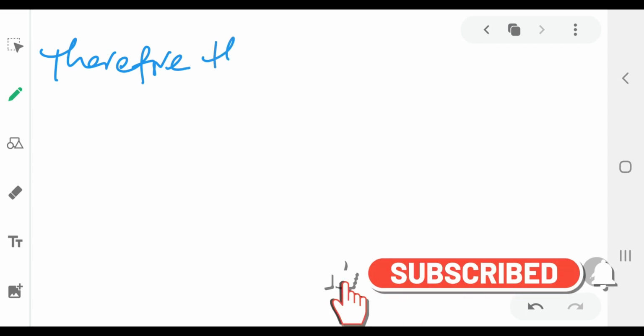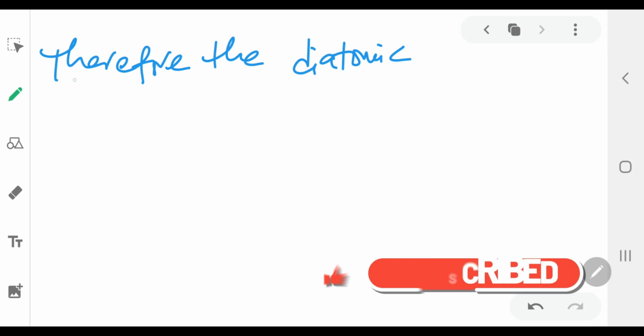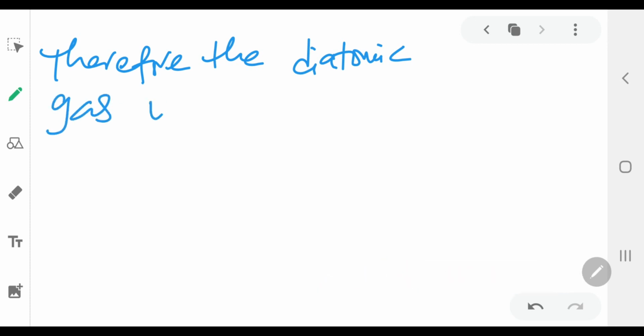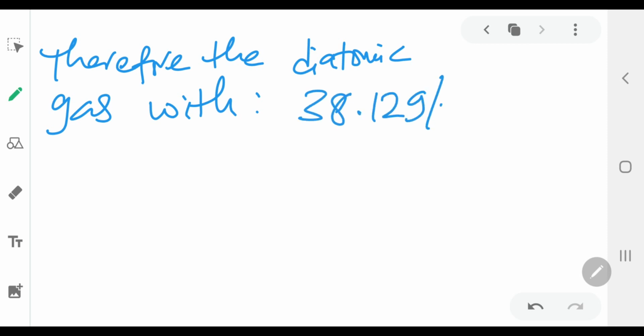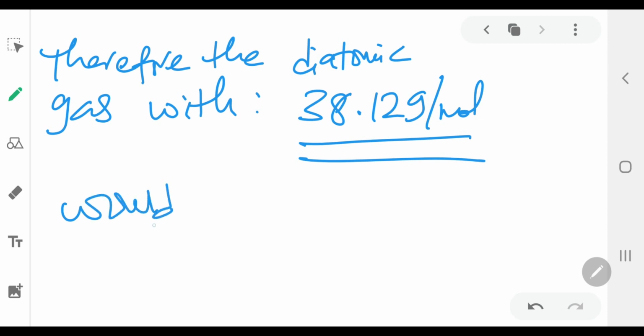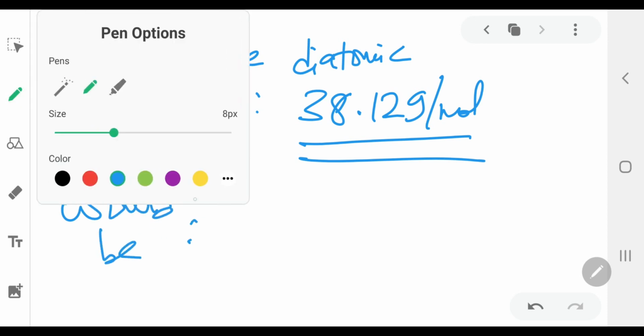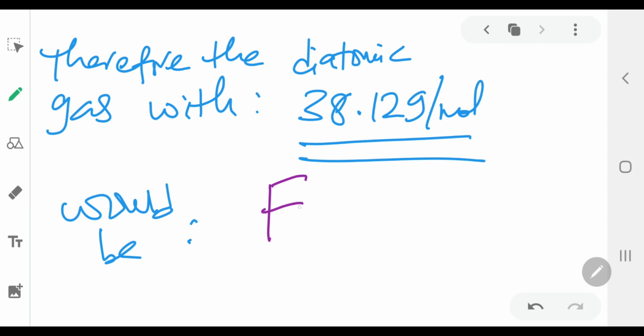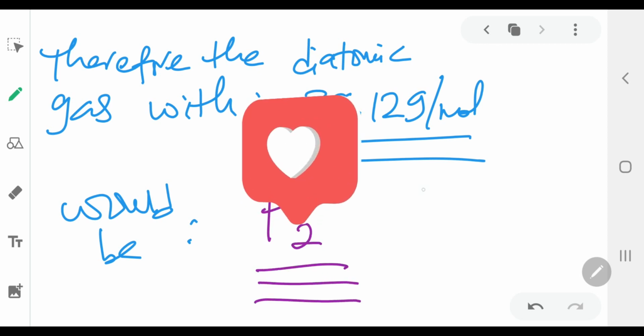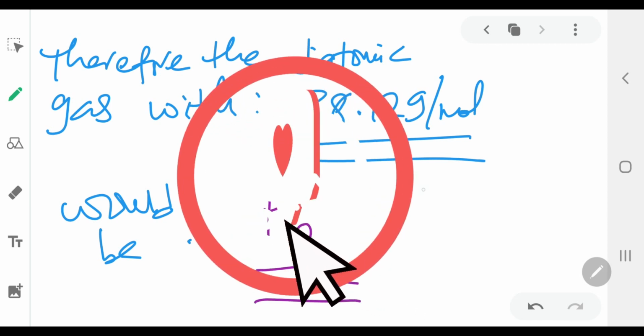Therefore, the diatomic gas with 38.12 gram per mole would be F2. So that is the answer for question 2.